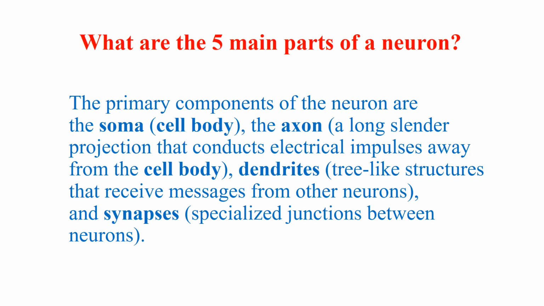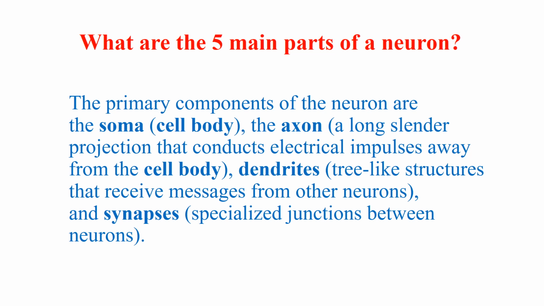And then we have what are called dendrites. They are tree-like structures that receive messages from other neurons, and then we have what are called the synapses, specialized junctions between neurons.